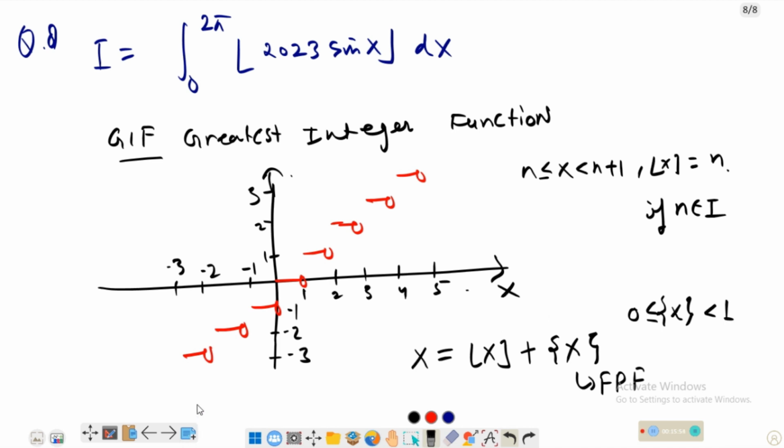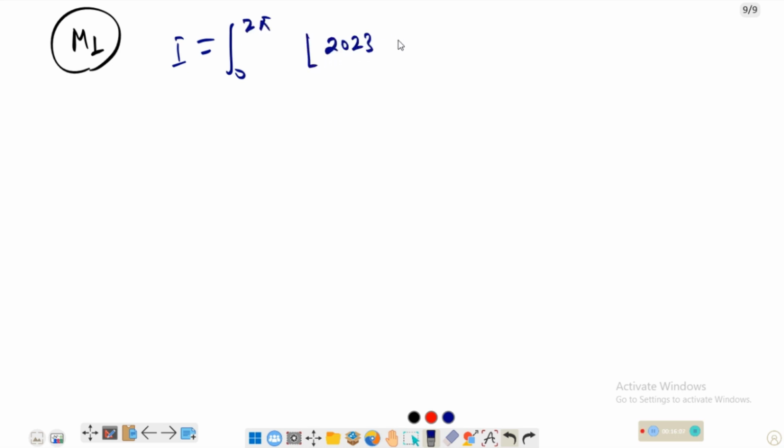So what is the first method? M1. So I is equal to the integral from 0 to 2 pi of the greatest integer of 2023 sin x dx.